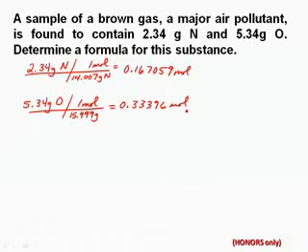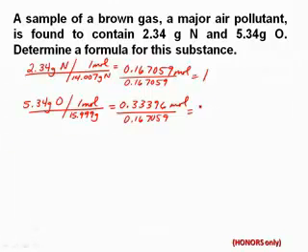Now I'm going to normalize these values, or essentially divide each by the smallest, which should get me a whole number. And so we get, this is going to be 1 there, and then this one 0.33396 divided by 0.167059.